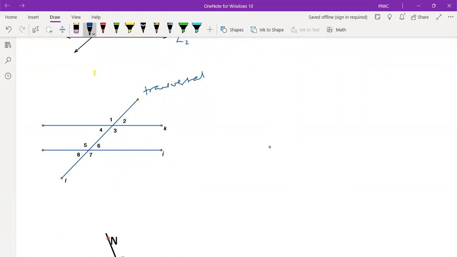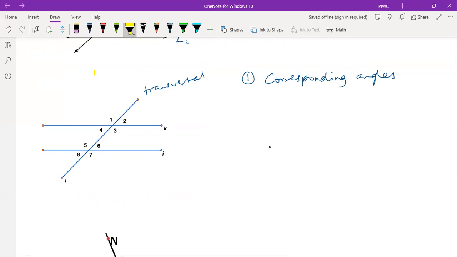So the first angle that we're going to look at is known as the corresponding angles. Okay. So what are the corresponding angles here? Now, these are angles that occur at the same positions when you compare them. So let's look at some of these angles.